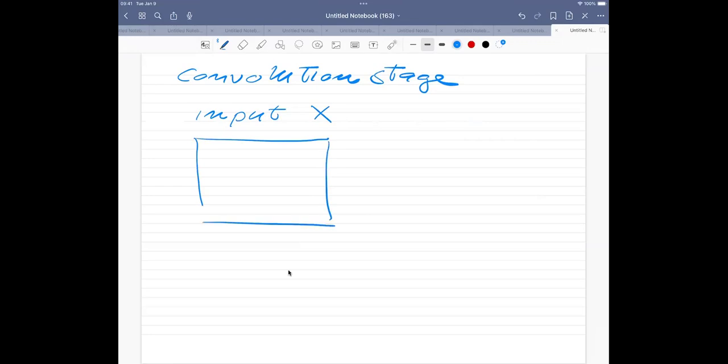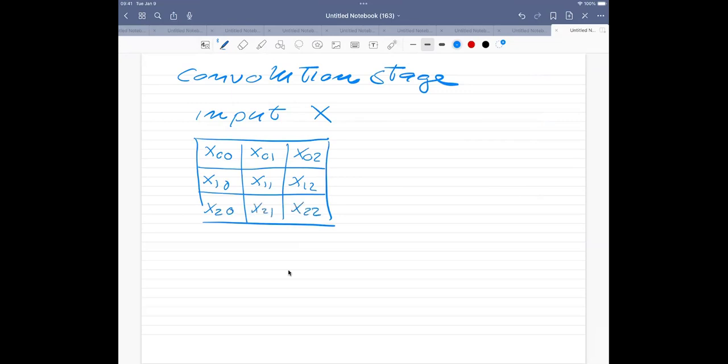So that's a 3 times 3 matrix. And I'm just going to put in the slots here. So we have X00, X01, X02, X11, X12, and then we have X20, X21, and X22.